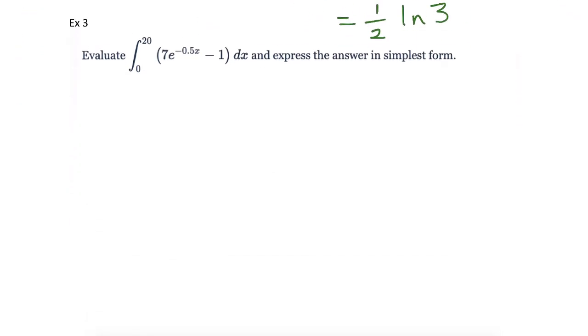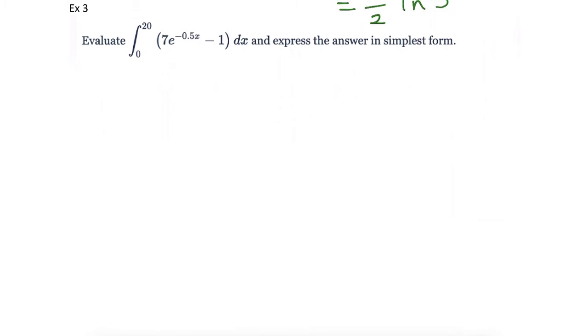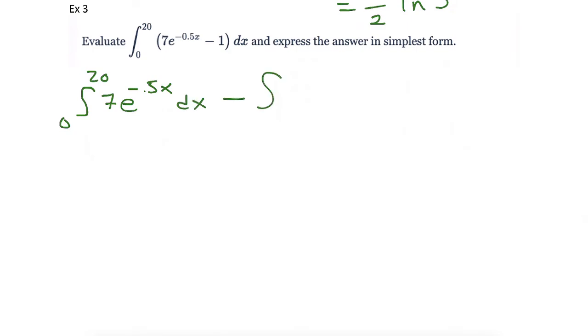All right, so now here's one where we're going to need to use U-substitution and not U-substitution, because this particular one is the integral from 0 to 20 of 7e to the negative 0.5 x dx minus the integral from 0 to 20 of 1 dx, because we can split that integral into two things.